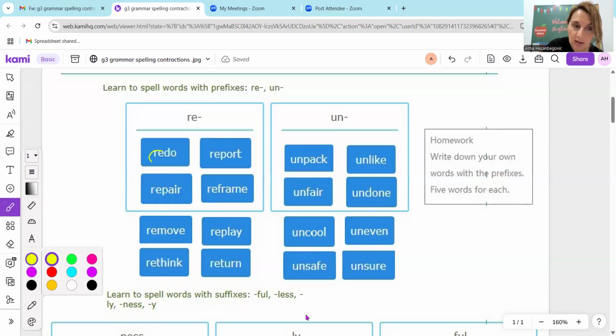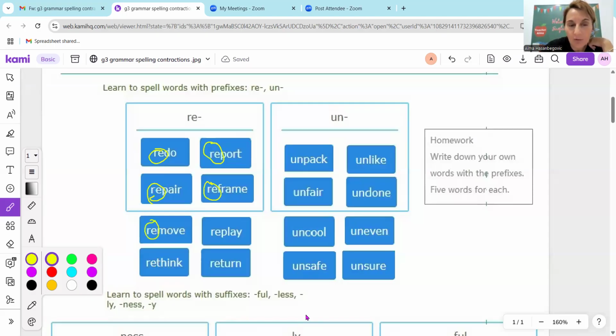So once again, let's take a look at these words. Prefix re, redo. Let's hear you. Redo. Perfect. Next one, report. Repair. Reframe. I hope you're noticing how this re comes before the word and therefore it's a prefix.